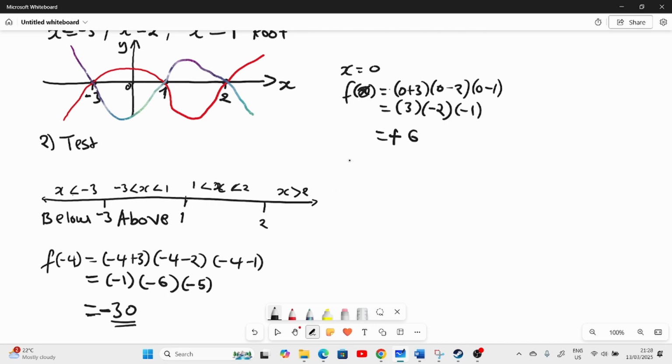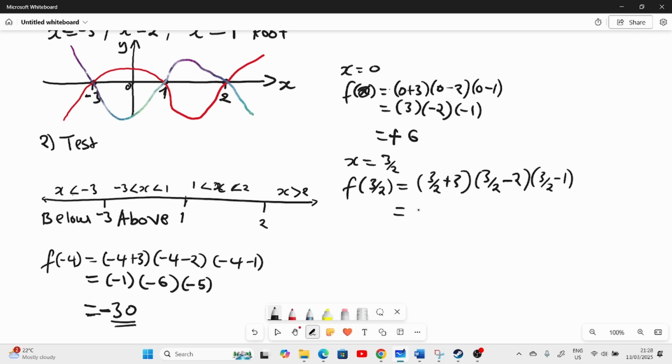Let's now check for numbers between 1 and 2. Let's pick 3/2, which is 1.5. Then check the behavior of the graph for this value. You get 3/2 + 3, 3/2 - 2, and 3/2 - 1.